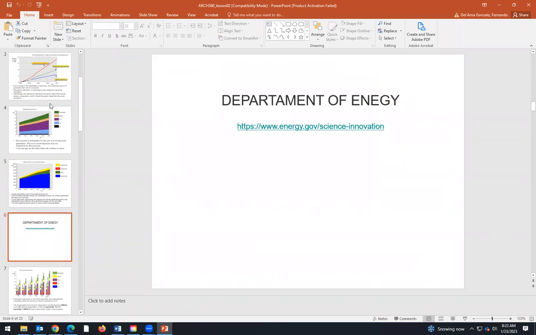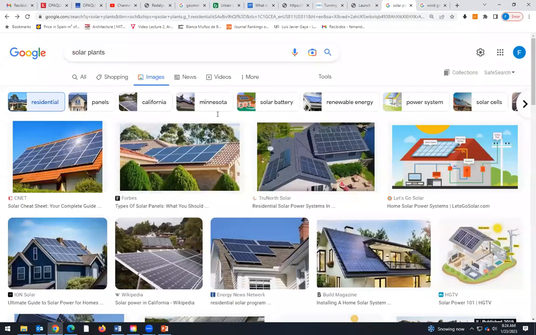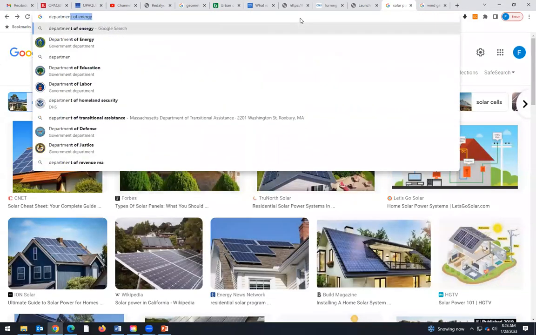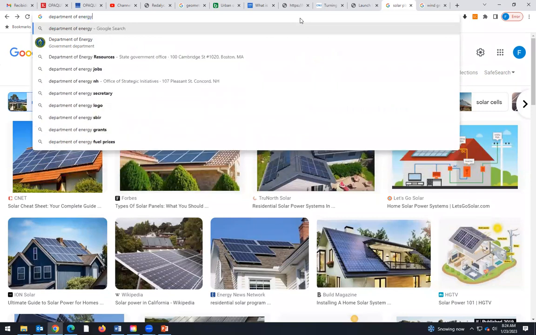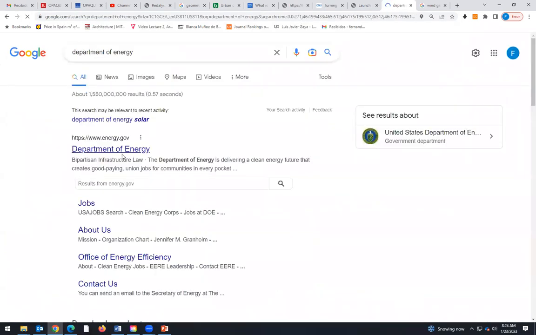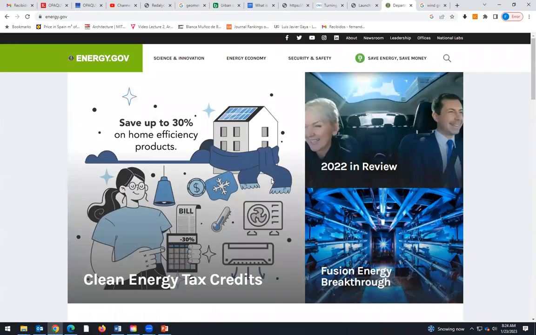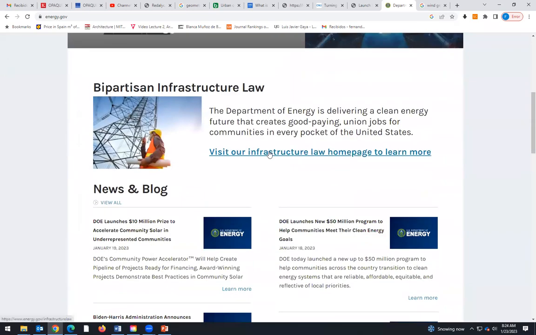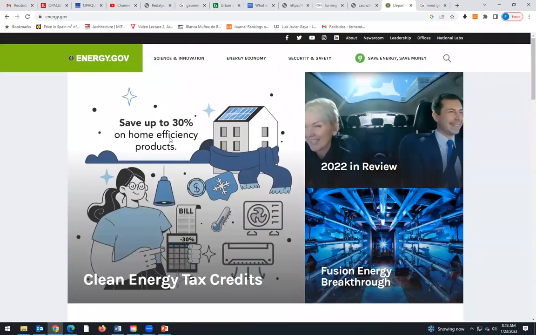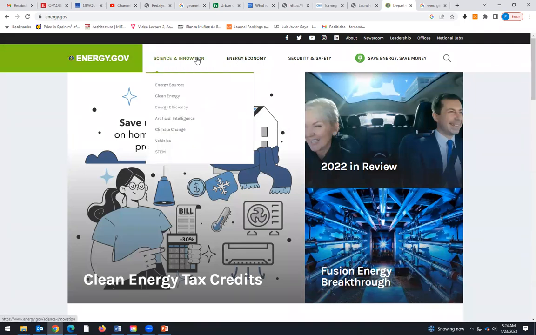I'm going over this but it's not something that I'm making up. I abide by the Department of Energy of the US. Here we have a lot of information, and here we have what they consider energy sources, clean energy.